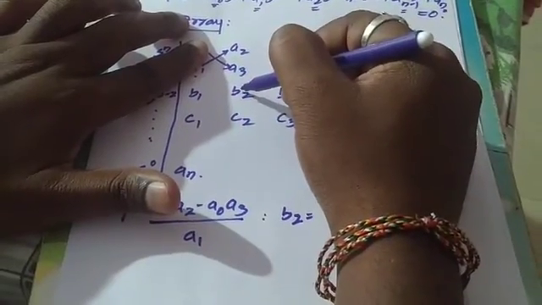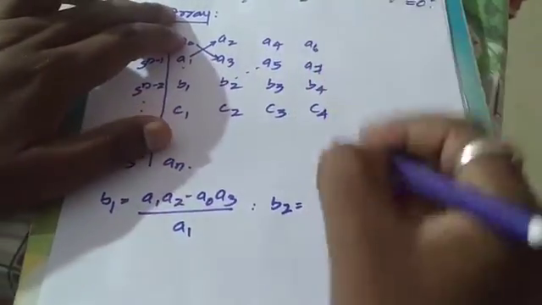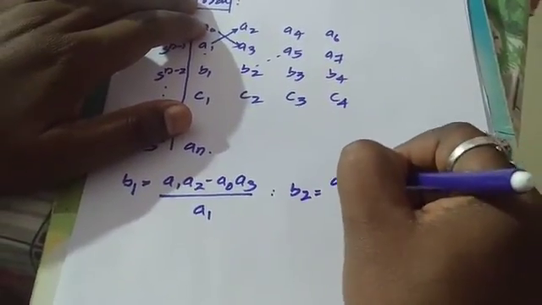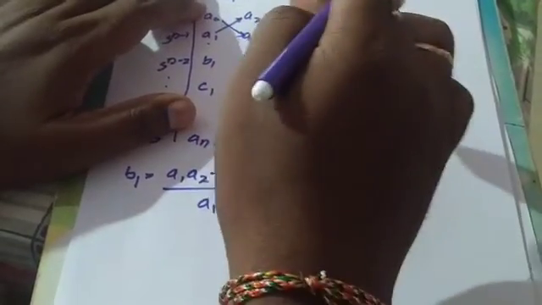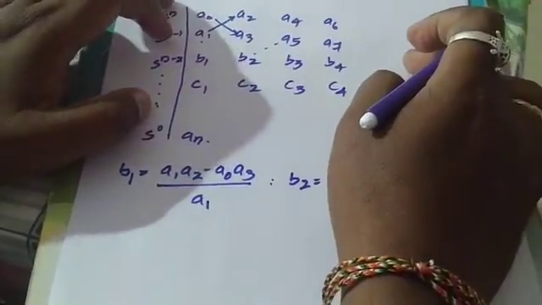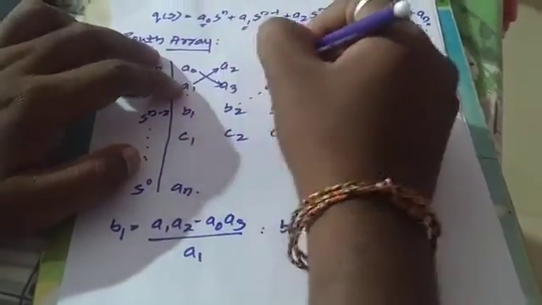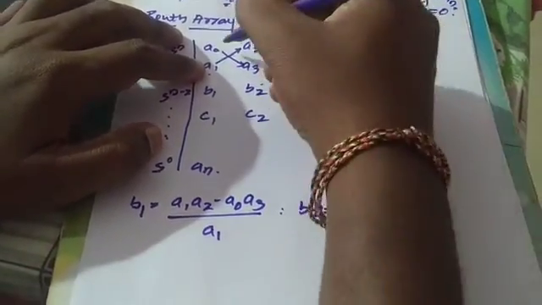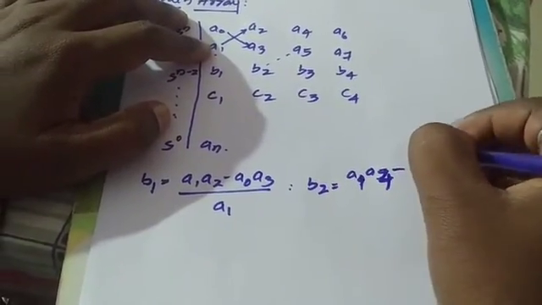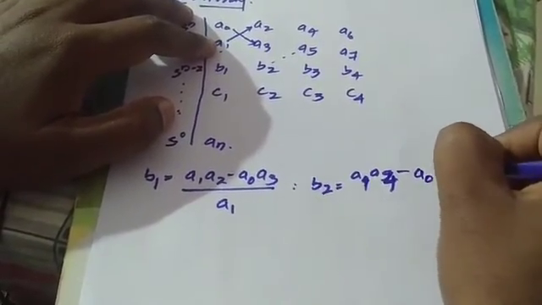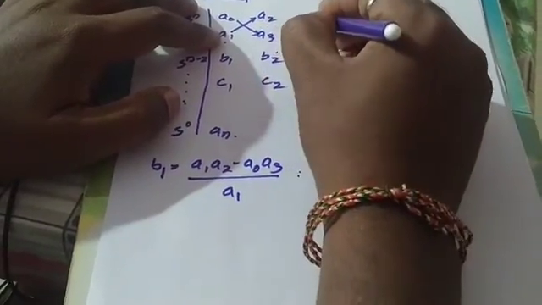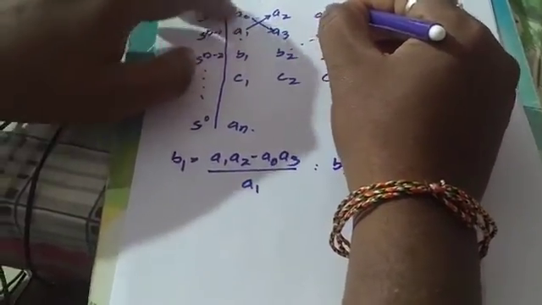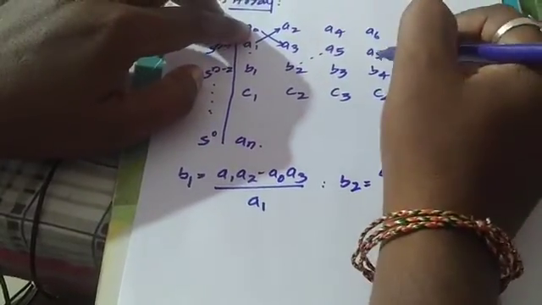If you want to calculate b2, you go crossed like this: b2 is equal to a1 a4 minus a0 a5. You see, for calculating b2, you consider the second row. This is common for the calculation of b1, b2, b3, b4.